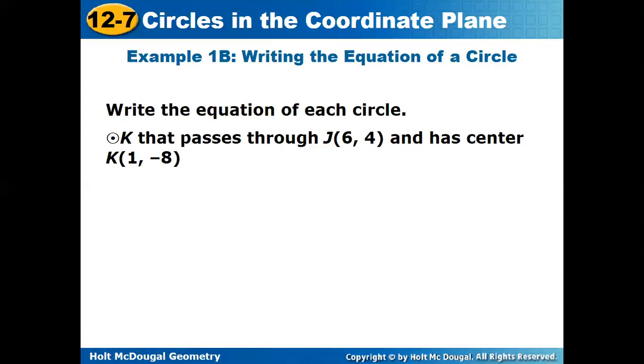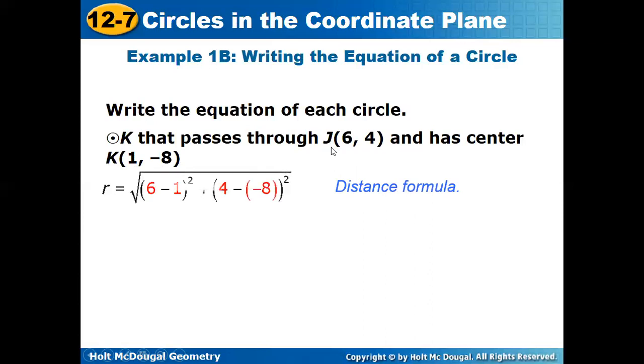So the radius is the distance between the center K and the point which is on the circle, the point J. So we will write the distance formula and substitute the 2 points J and K. Now we have the radius, root 169, which is equal to 13.